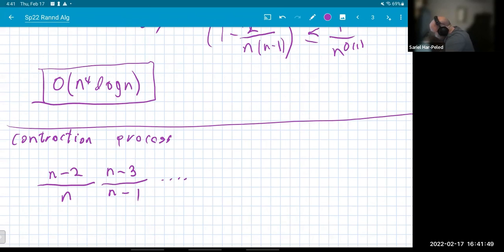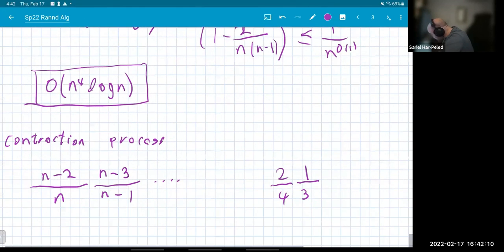And then what happened is that in the end of this process, the probabilities were appalling. In the last step, the probability of success was only a third. Before that, the step before it was half.